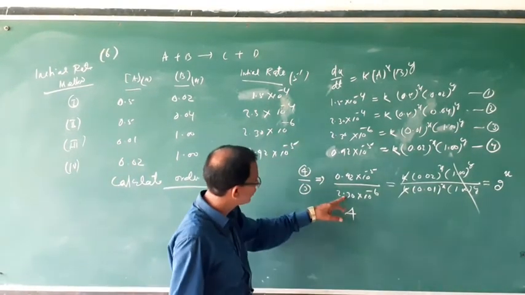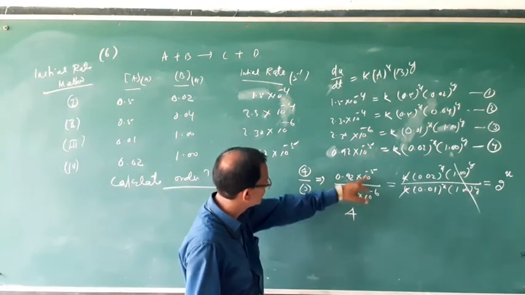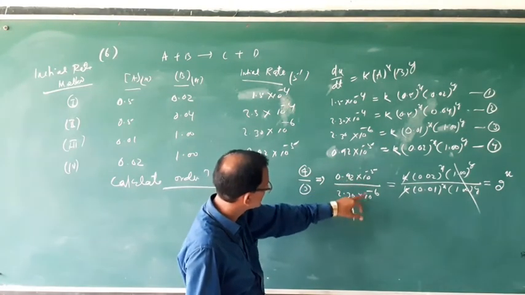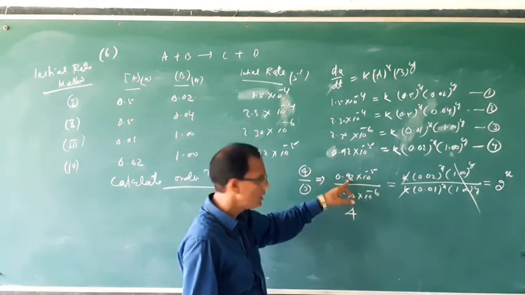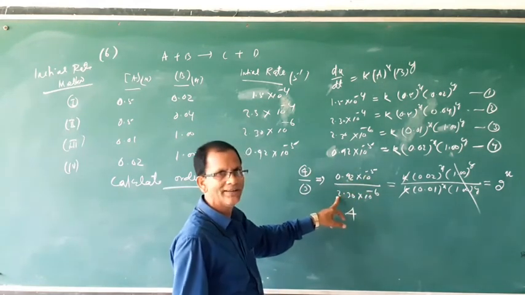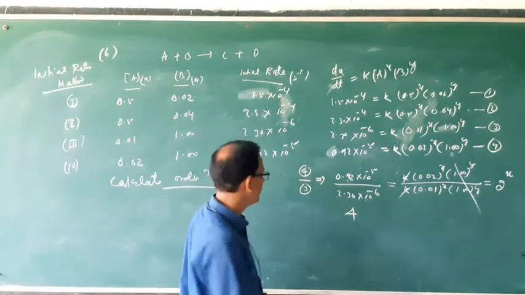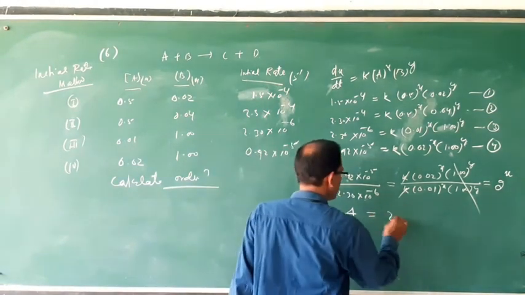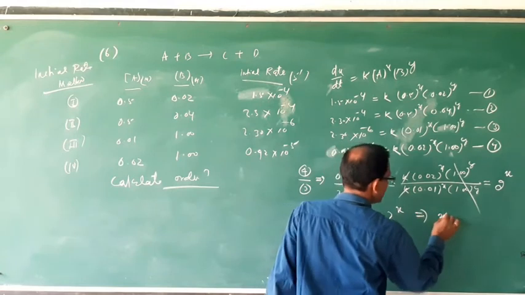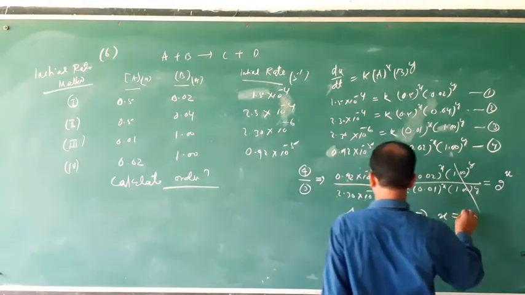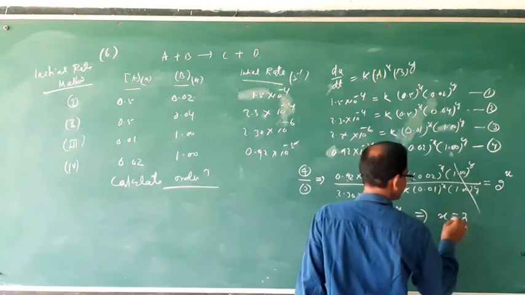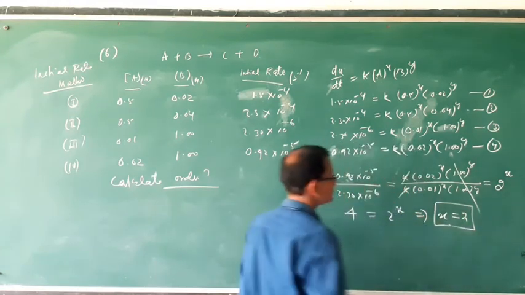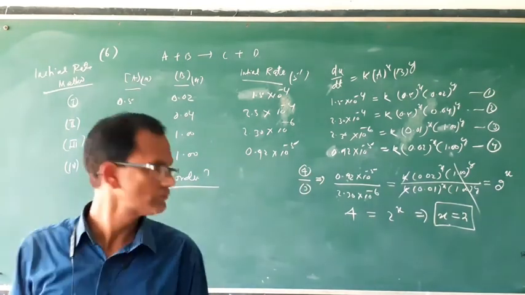Because 0.92 into 10 to the minus 5 over 2.30 into 10 to the minus 6 means multiplying by 10, so 9.2 by 2.3 is equal to 4. So 4 is equal to 2 to the power x, which implies x is equal to 2.